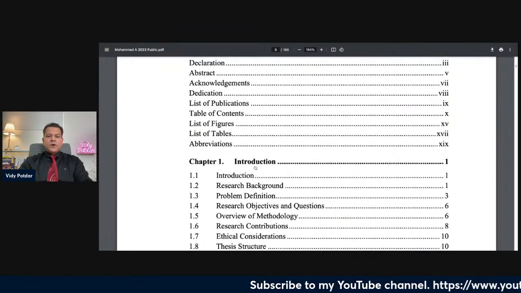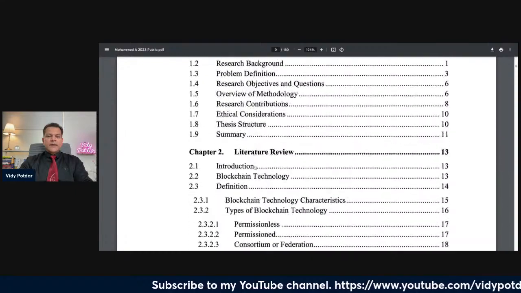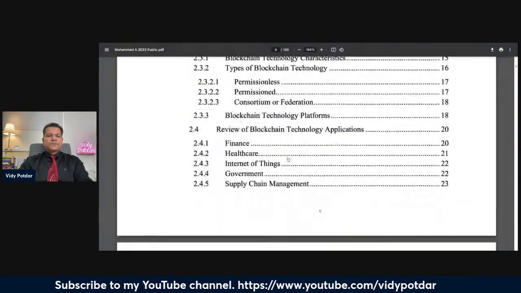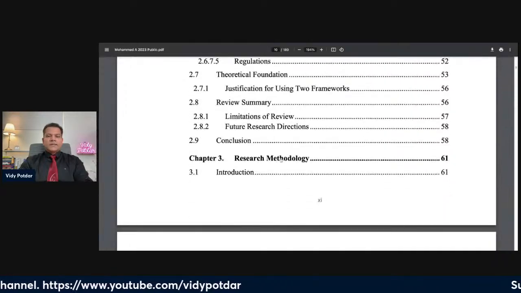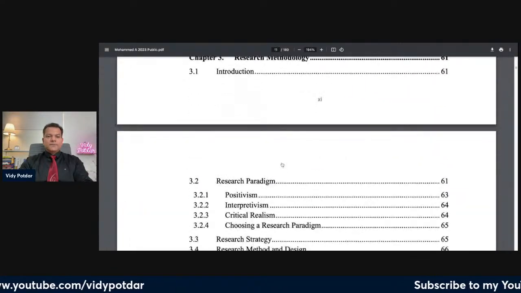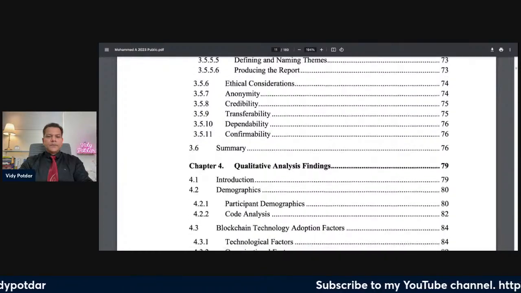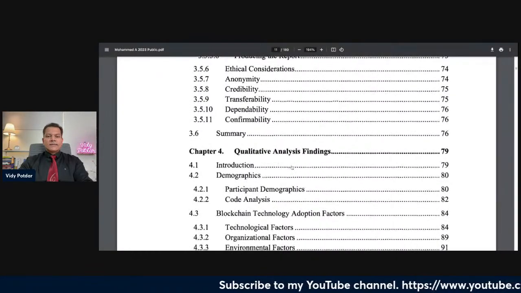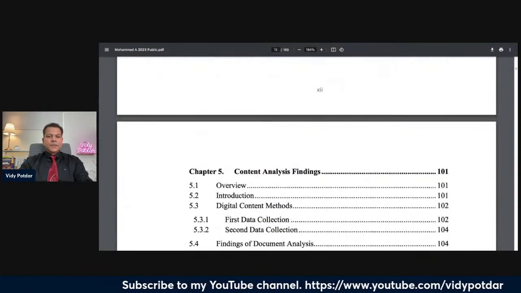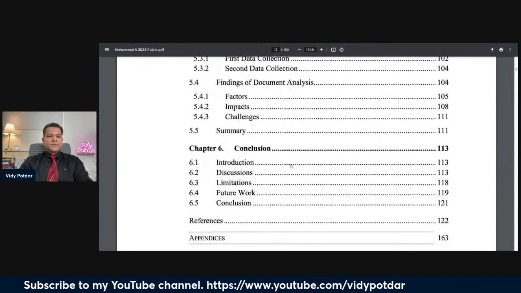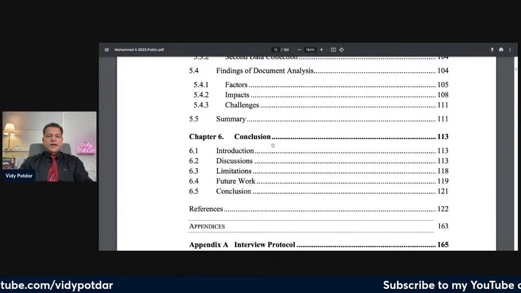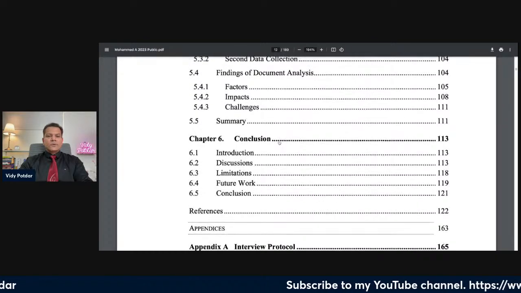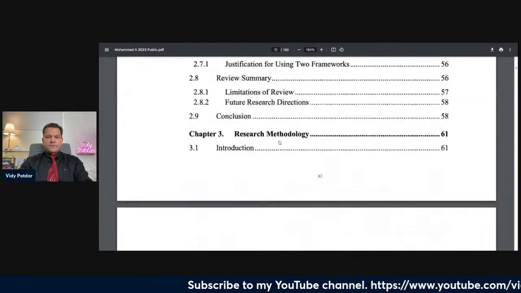So there is a chapter on introduction, a chapter on literature review, a chapter on research methodology, qualitative analysis, content analysis, and conclusion. In this thesis, the discussion, limitations, and future work are all in the conclusion chapter.